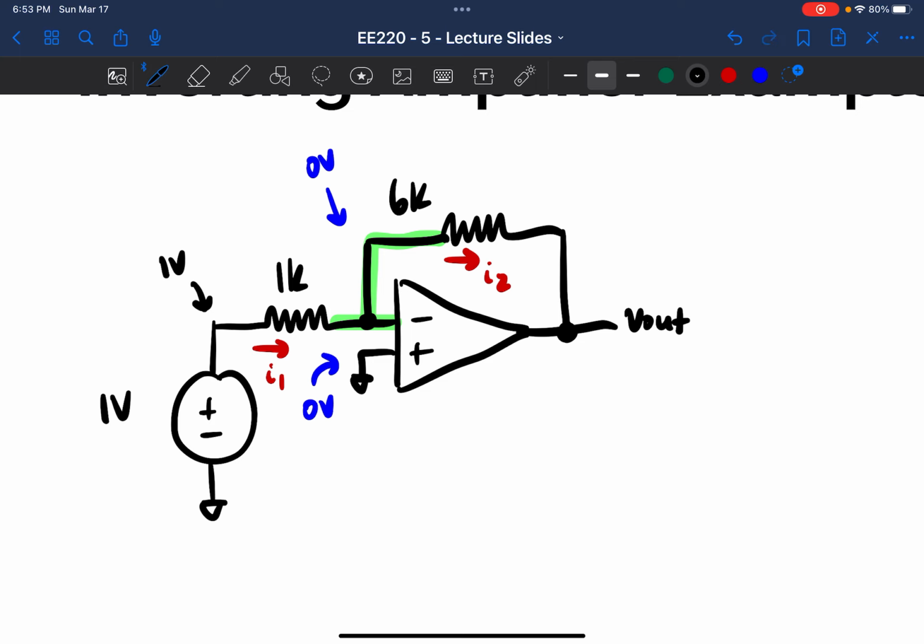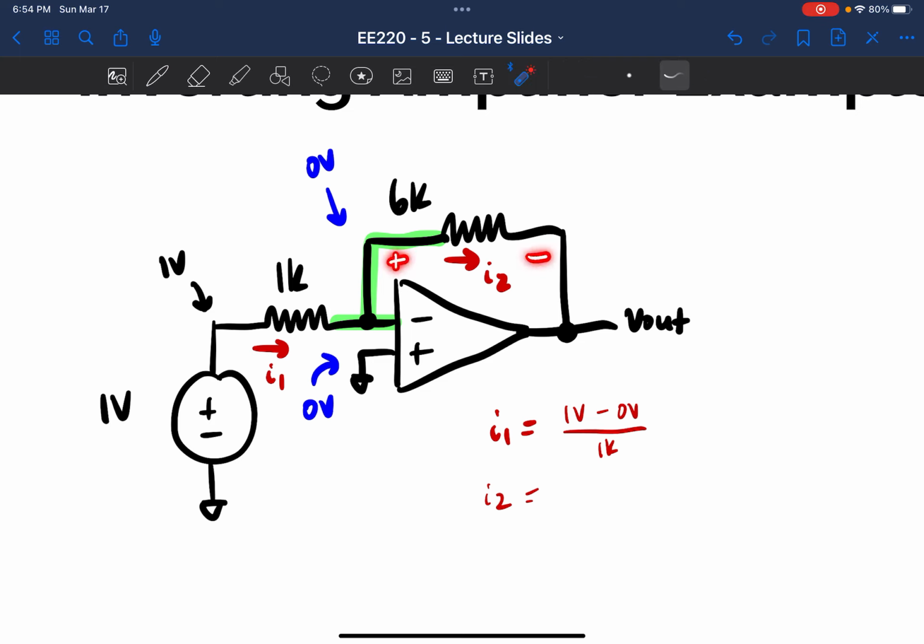Okay, so let's come up with an expression for I1. I1 is going to be equal to V over R of this resistor, which is 1 volt on this side, 0 volts on this side. So I can write 1 volt minus 0 volts divided by 1K. I2 is going to be looking at the second resistor, right?